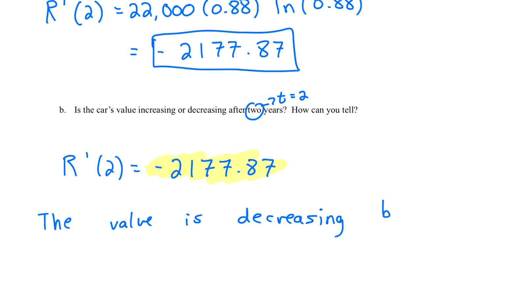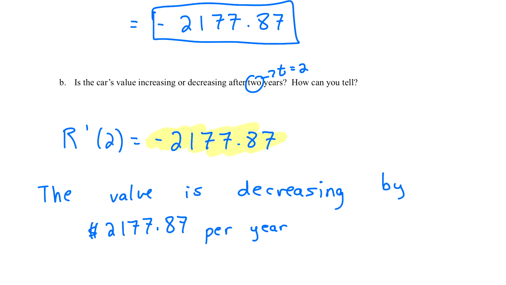I can say it's decreasing by $2,177.87 per, well, what was my unit of time? Here, this was per year. So per year. And as far as, well, how can you tell? Well, we could tell just by looking at the sign of R prime of 2. We can tell because R prime of 2 is negative.